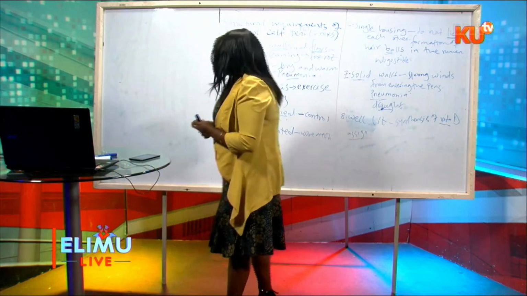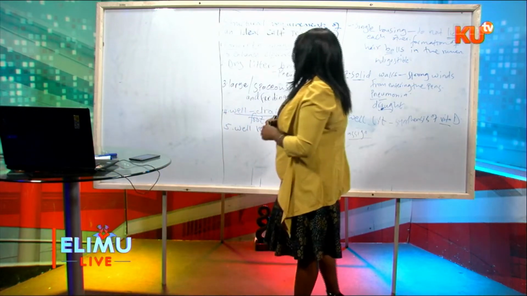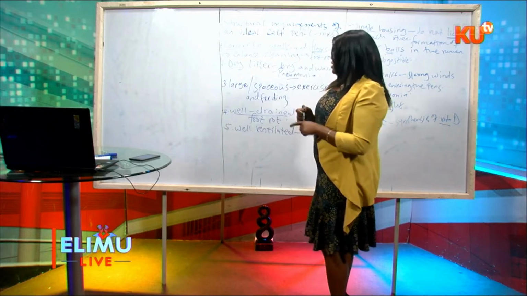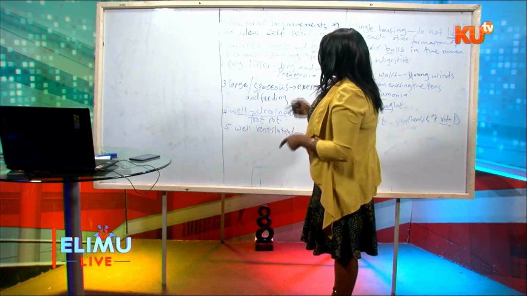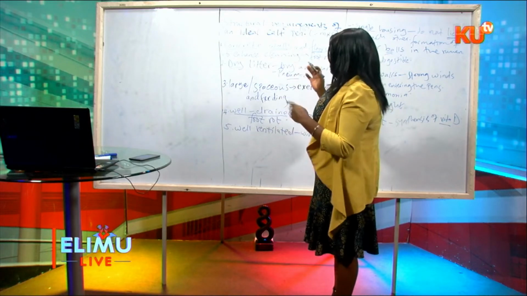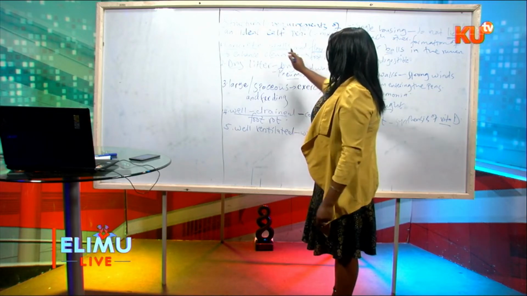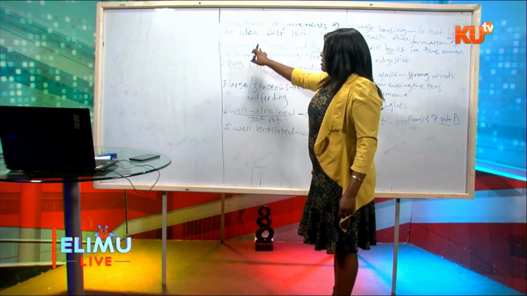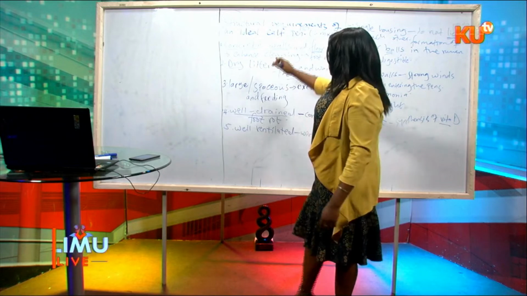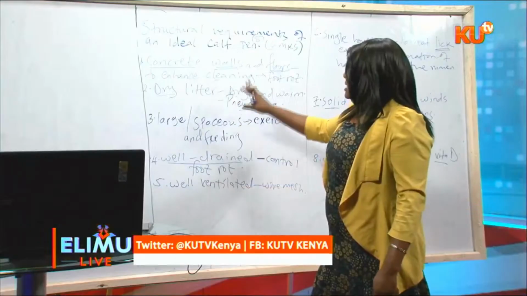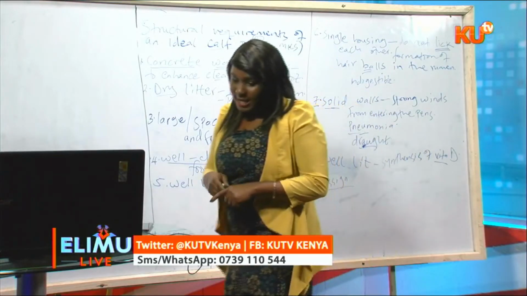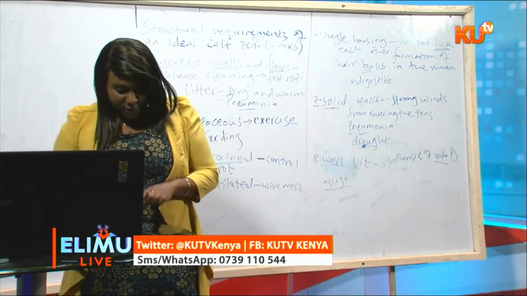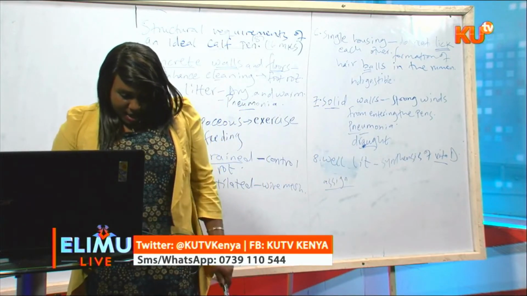I think we have stated and explained them. This question can be asked in different ways, but these are the points, Winnie: the concrete, the dry litter, and of course you explain. I think that is what we have been explaining, and thank you for that question.